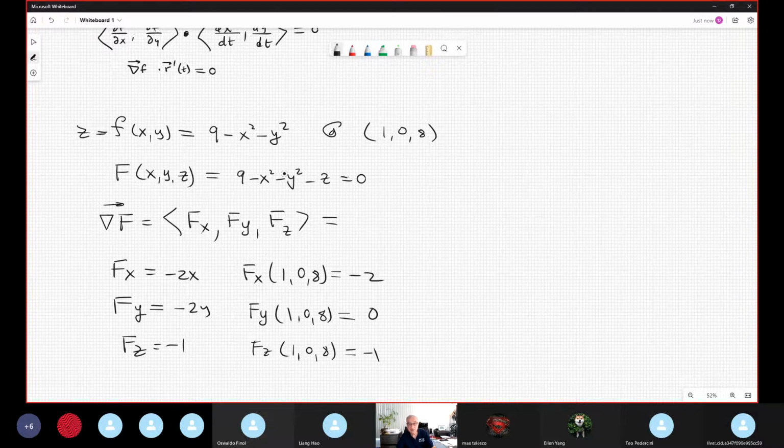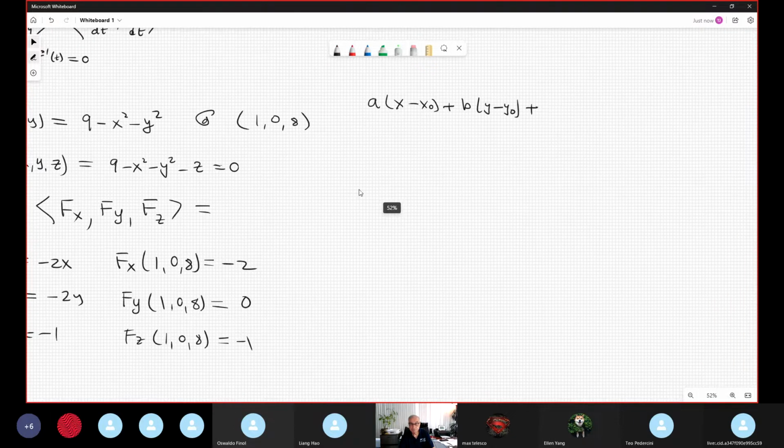Remember, the plane is a times (x minus x null) plus b times (y minus y null) plus c times (z minus z null) equals 0. Remember our knowledge from chapter 1. Where does this come from?